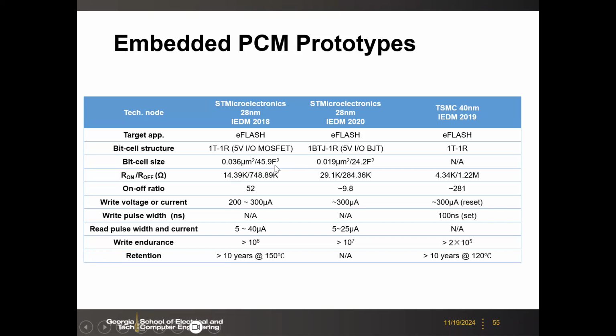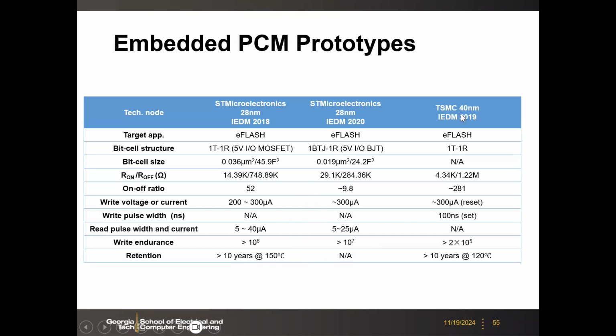And in terms of F square, if you use F as 28, then you see that shrink thanks to the BJT there. Then the on-off ratio decreased a little bit, but still you see the current is pretty high, 300 microamps, right? And the endurance like 1E6 or 1E7, and then retention kind of okay.